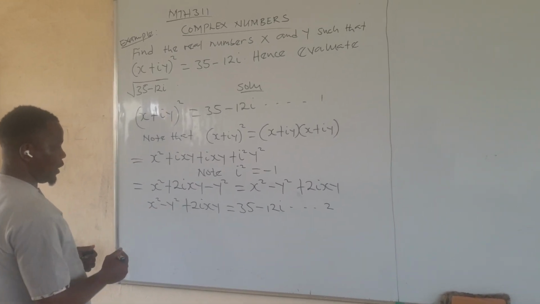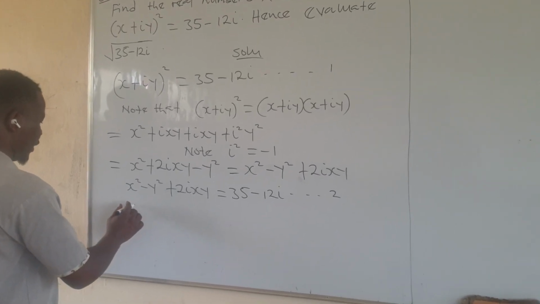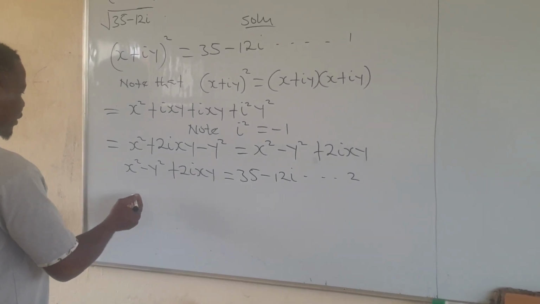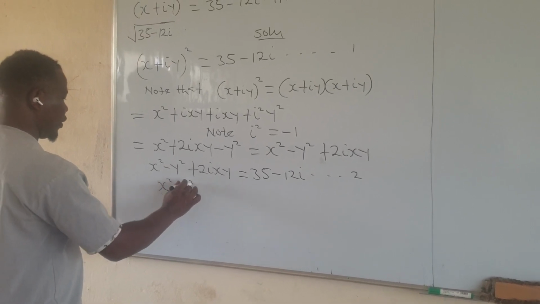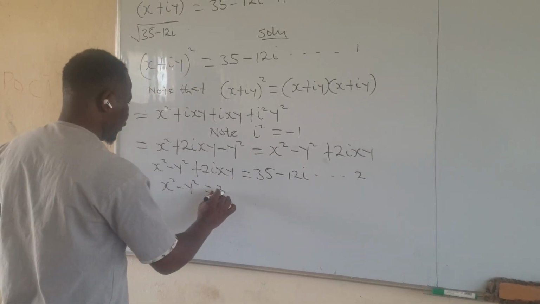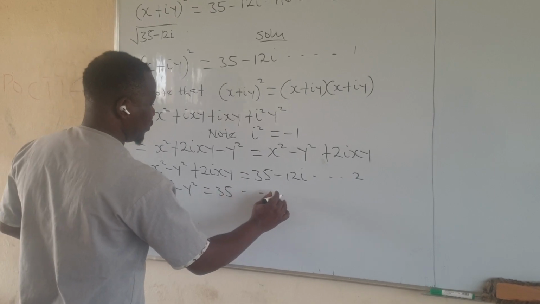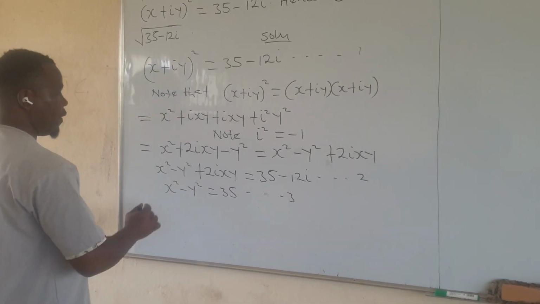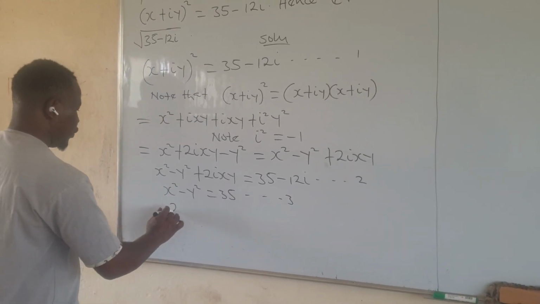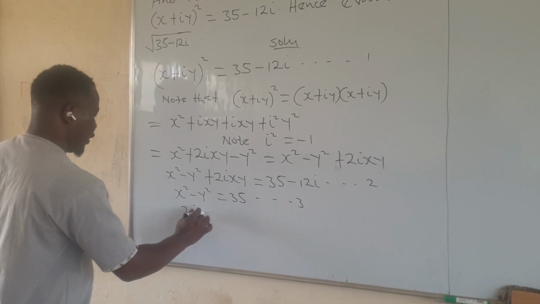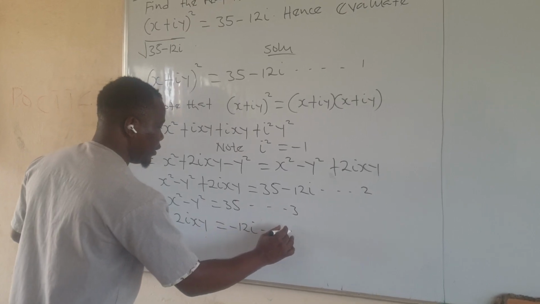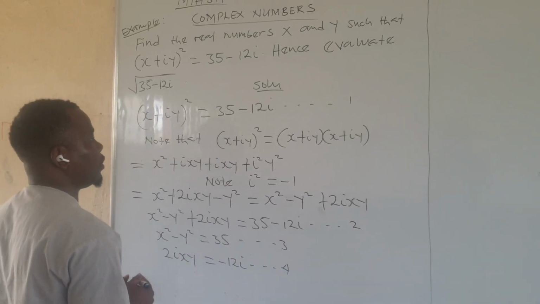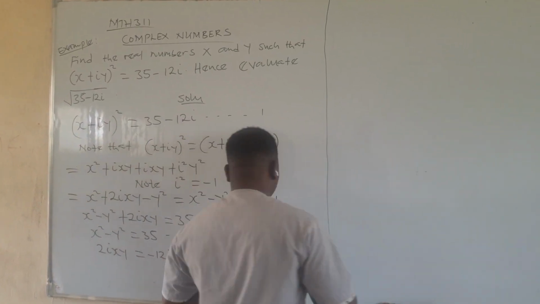So our real part will equate the real part of the right hand side. So our x squared minus y squared is equal to 35. We assume this one to be equation 3. Then our 2ixy is equal to minus 12i. This is equation 4. True or false? Okay, do you agree with me?